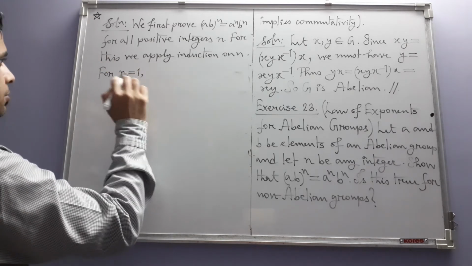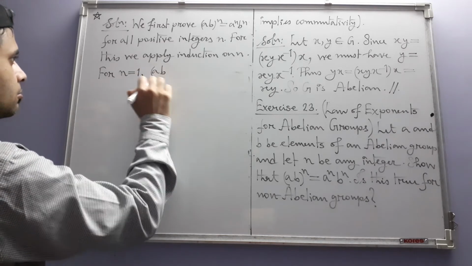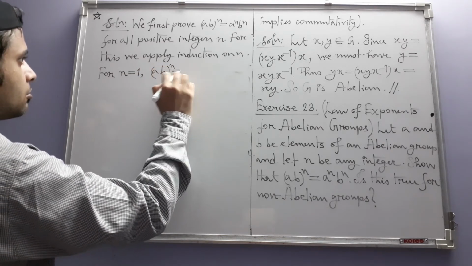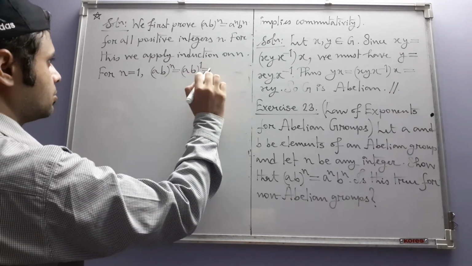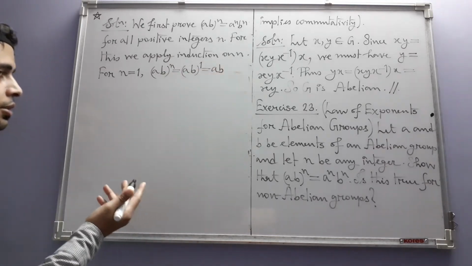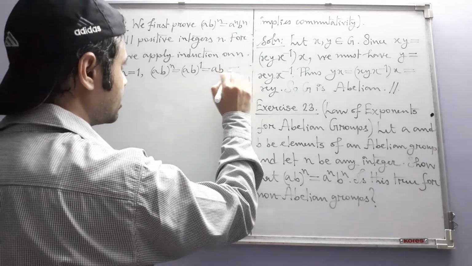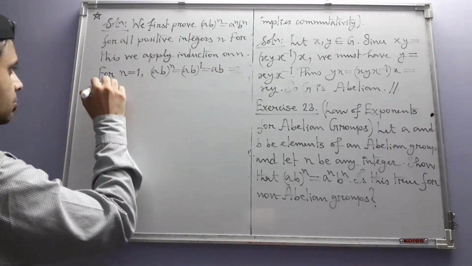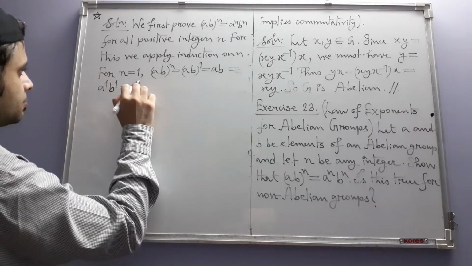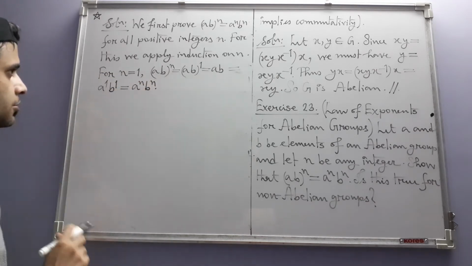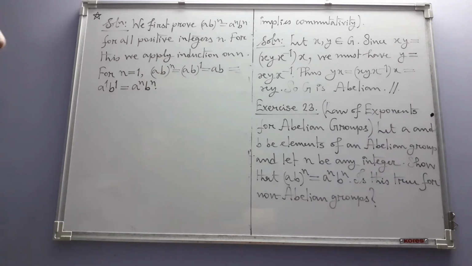For n equal to 1, this is equal to ab to the power 1, which by definition is ab, but then again ab is a to the power 1, b to the power 1. So in this case the statement is true.